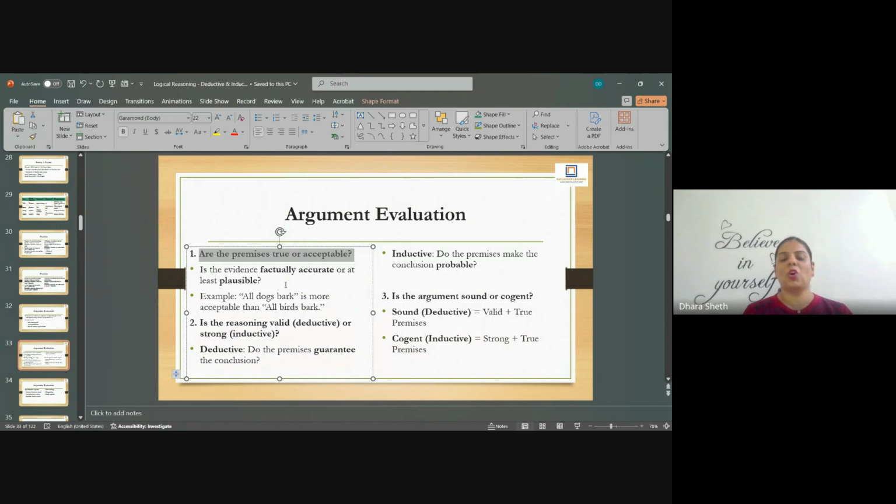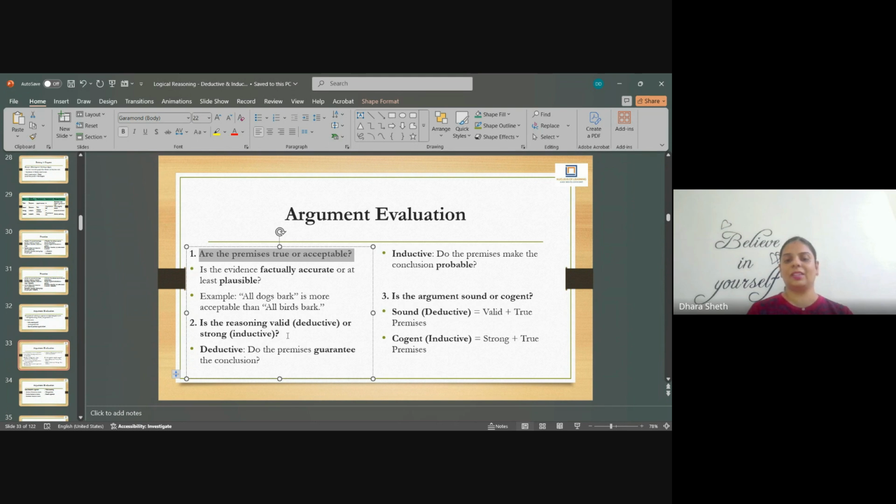For example, all dogs bark is more acceptable than all birds bark, right? Based on our general knowledge, we know that birds do not bark. So the possibility of all birds bark is very low compared to all dogs bark. So all dogs bark is an acceptable premise or a true premise. All birds bark is not acceptable.